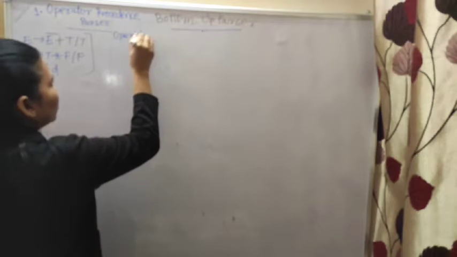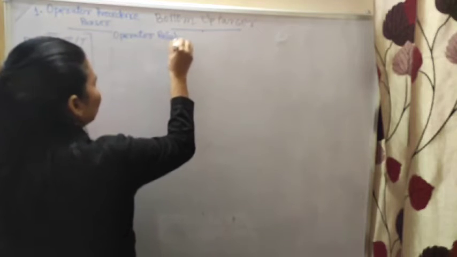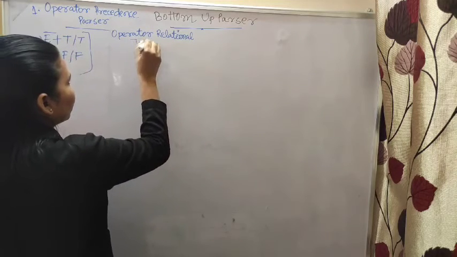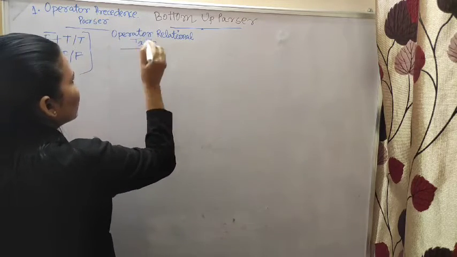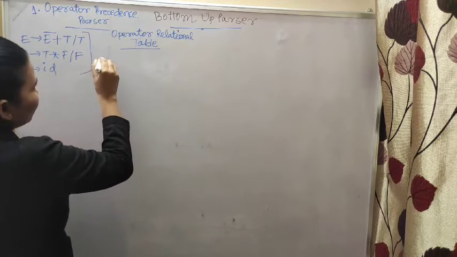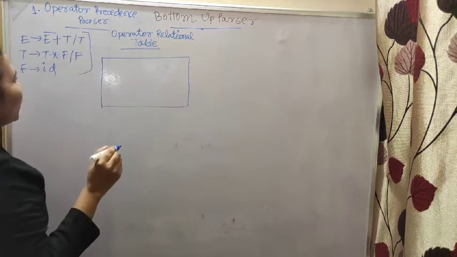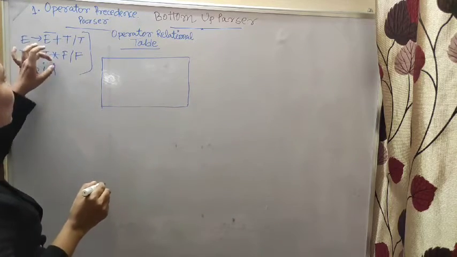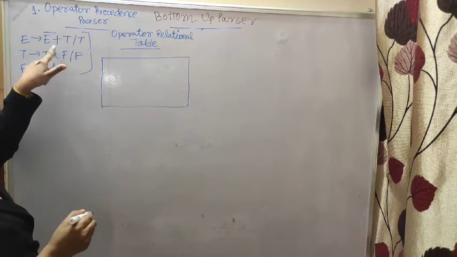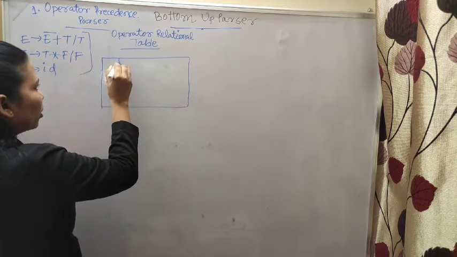Operator relational table. In this operator relational table we will write only the terminal variables: ID, star, plus, and another one is dollar.